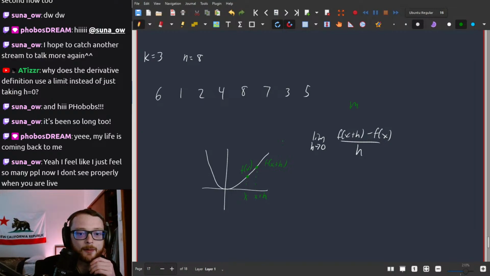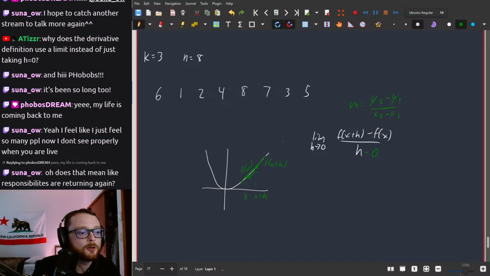You might have seen the formula m equals y2 minus y1 over x2 minus x1. Same exact thing, but there's an invisible minus 0 here. And what you're interested in is the slope of this line as h gets really close to 0, as these points get really close together.